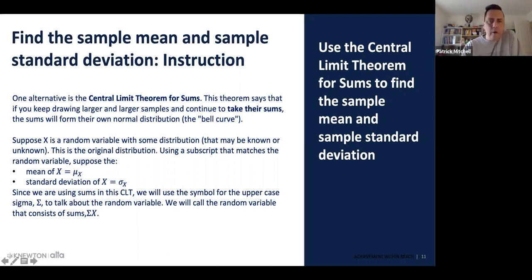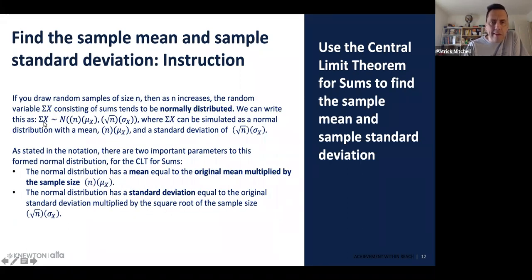This is the original distribution. So again, we'll call the mean and the standard deviation of that distribution mu sub x and sigma sub x. So this new distribution consisting of the sums of the samples, we'll call that sigma x, the sum of the x's.